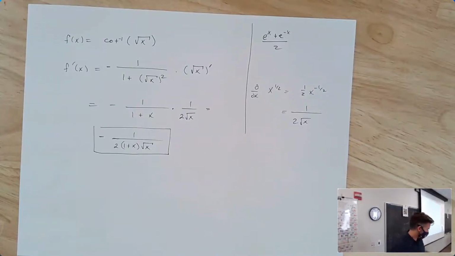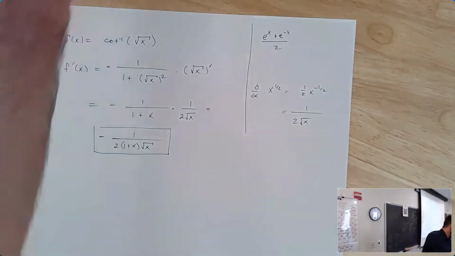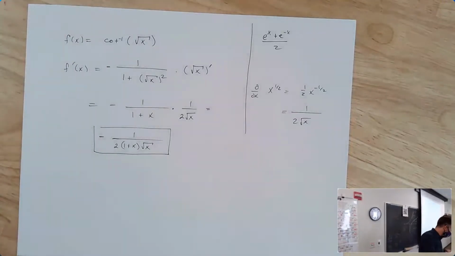And then what other topic was I looking ahead towards? The things I'm eyeing coming up are related rates and linearizations. It's okay if you haven't heard it. I'm just looking ahead.